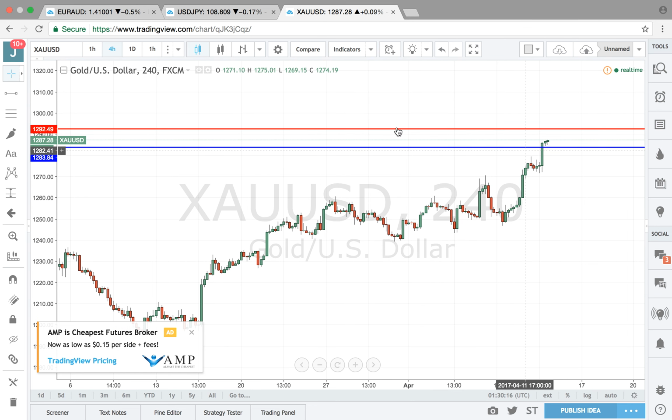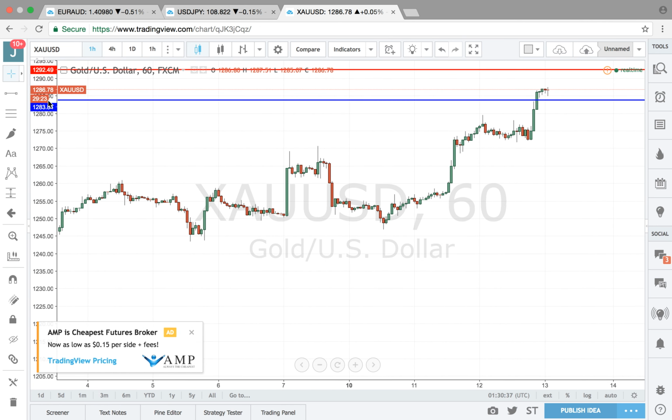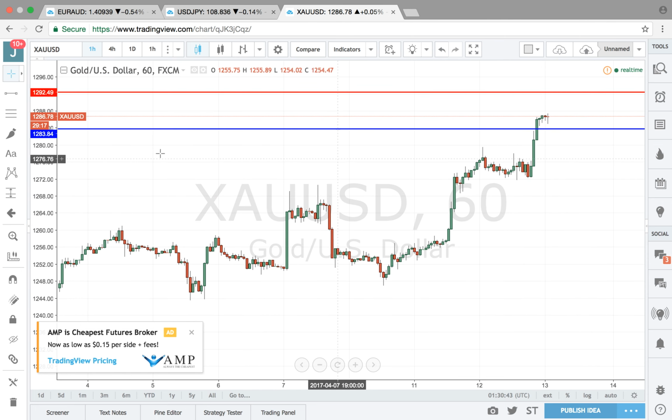So the 4 hour, we're looking at, let's see. The only real thing right now we're going in, so this doesn't have any wick, so we wouldn't be expecting this extension level to be respected by the 4 hour, but we'll go down to the hour now and see what the hour did.